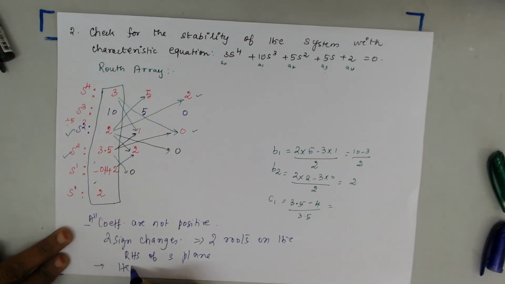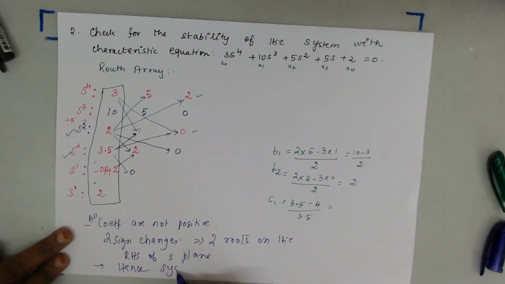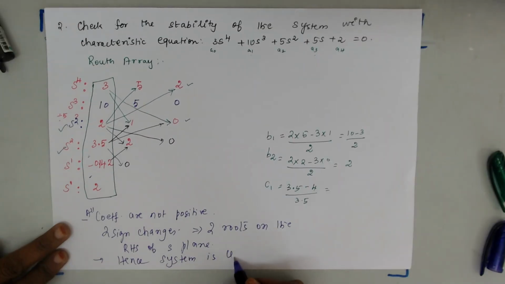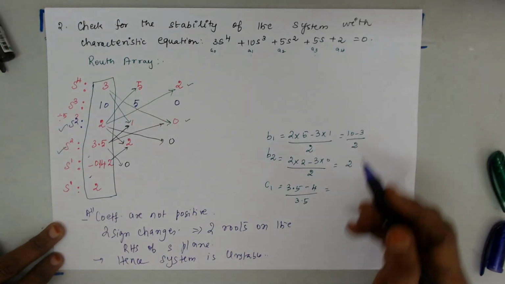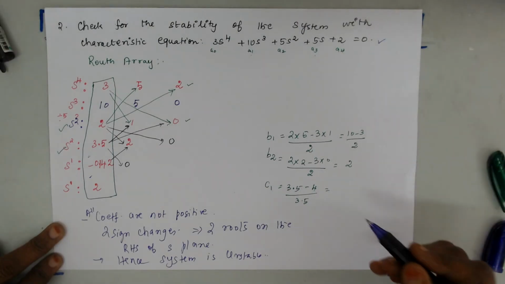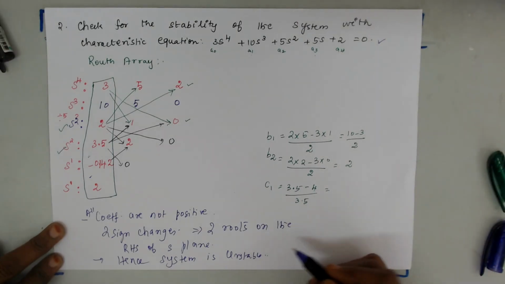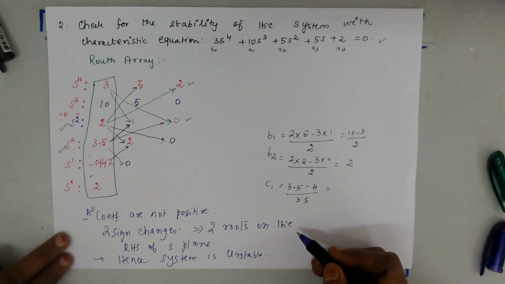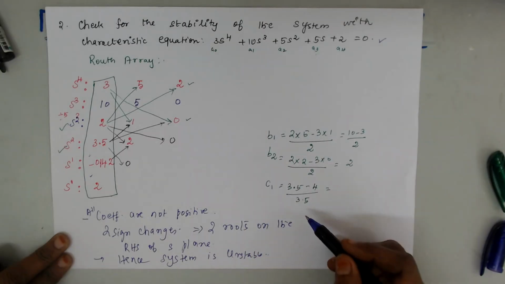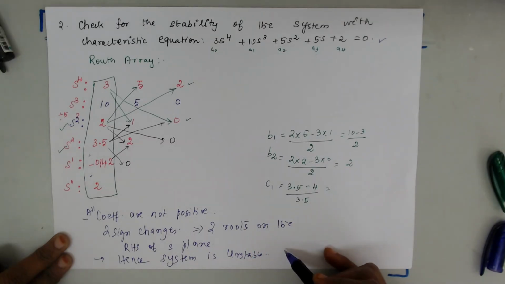Hence, the system is unstable. So the equation which belongs to the system is unstable. This is the conclusion: as far as the given system is concerned, the system is said to be unstable.